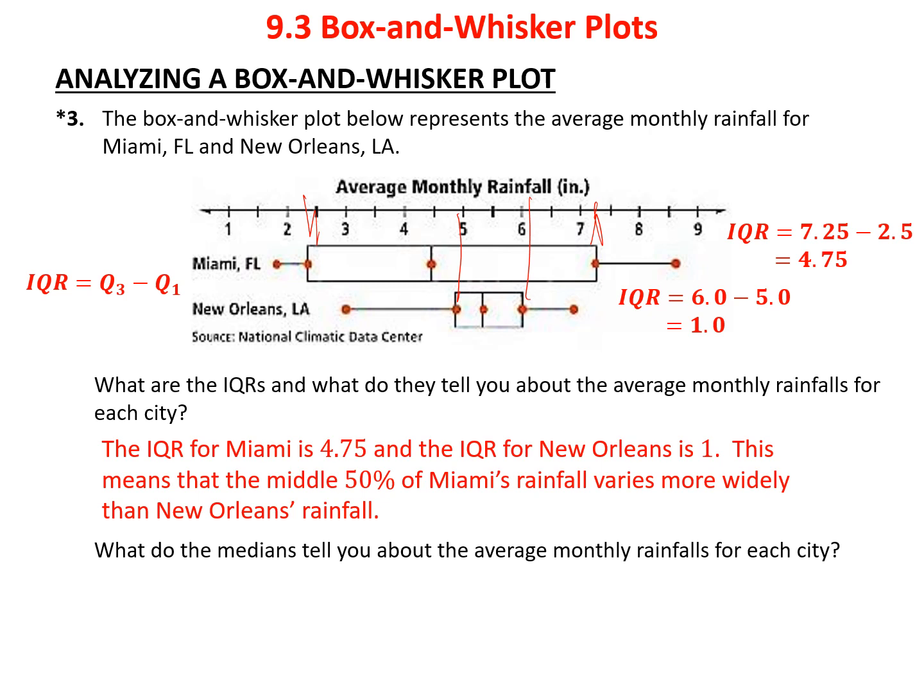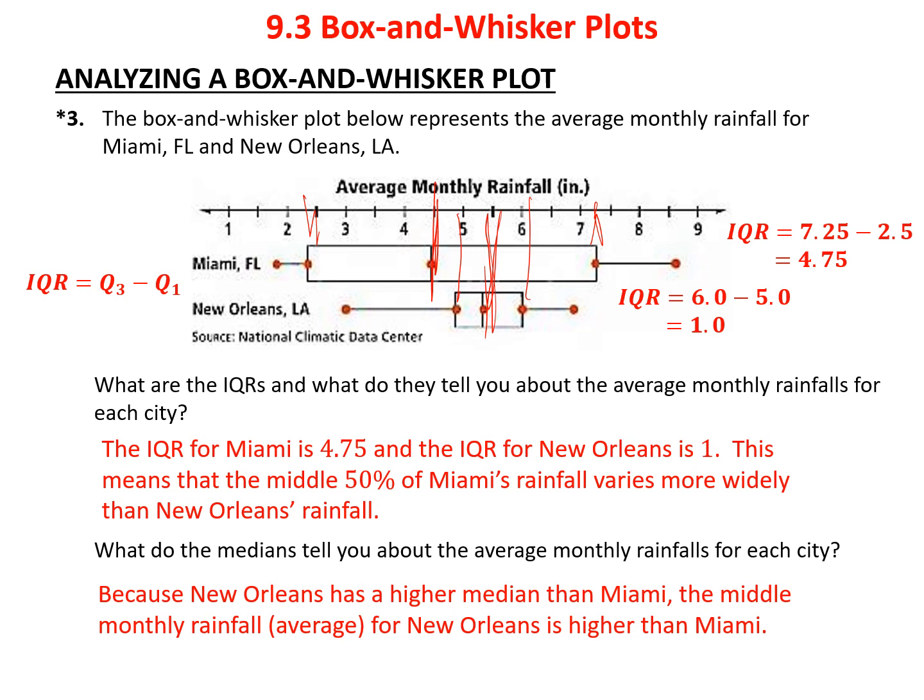Well, the median here you see is about 4.5. The median here is about 5 1/3 or so. So New Orleans has a higher median than Miami. This sort of tells you that you get more average rainfall in New Orleans than you do in Miami.